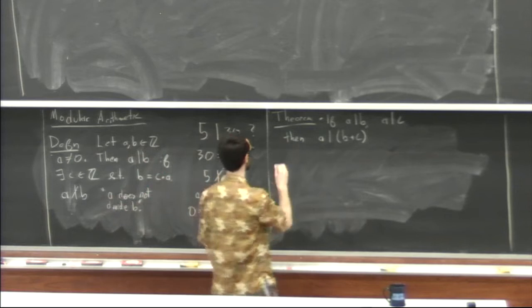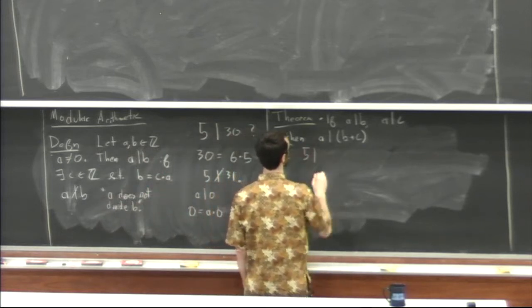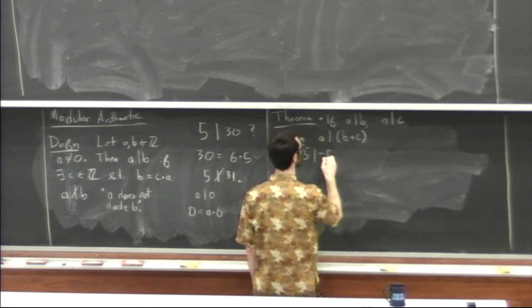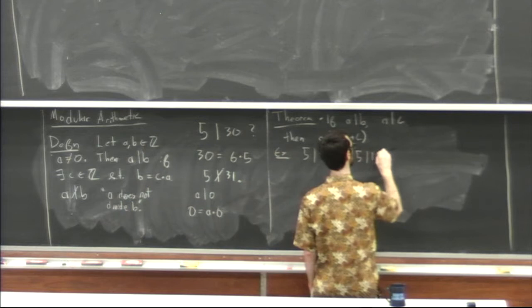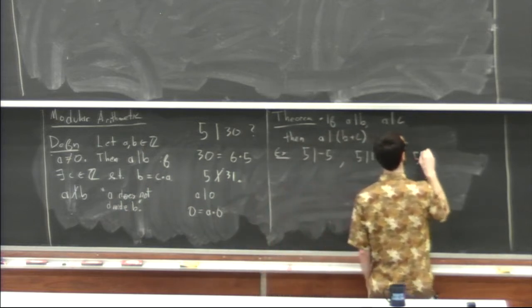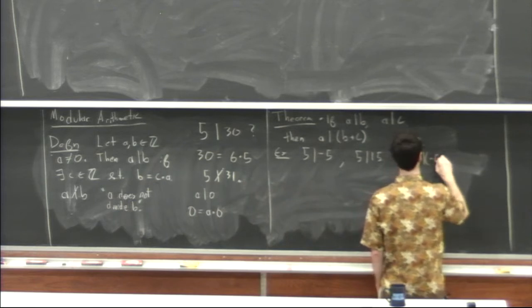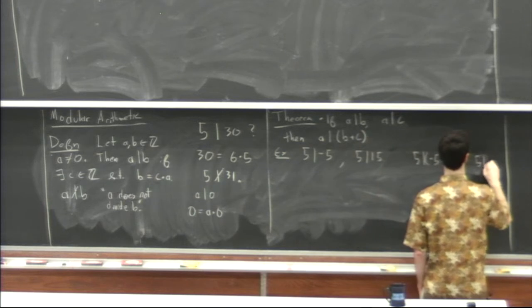An example of this is if I know that 5 divides -5, and I know that 5 divides 15, then it is true that 5 divides -5 plus 15, or that 5 divides 10.